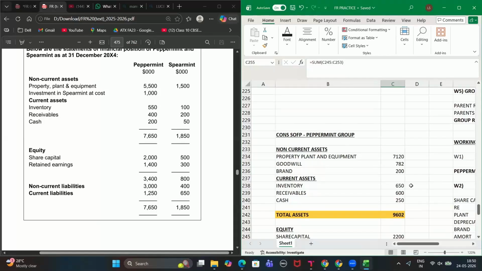If you don't have any doubts regarding the consolidated statement of financial position, tell me.